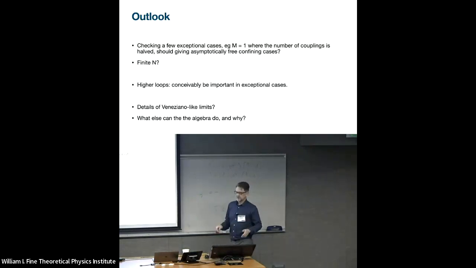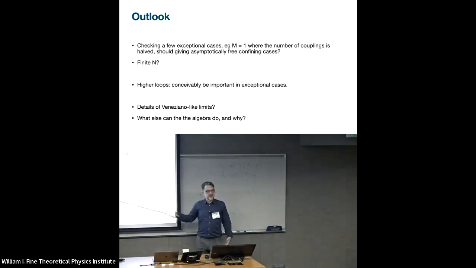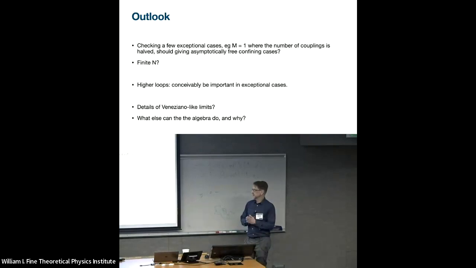So it's just a matter of checking it. I haven't done it. Then finite N, most of the things I showed you were for large N. And there could be interesting stuff at finite N, who knows. Higher loops, as was mentioned, obviously.